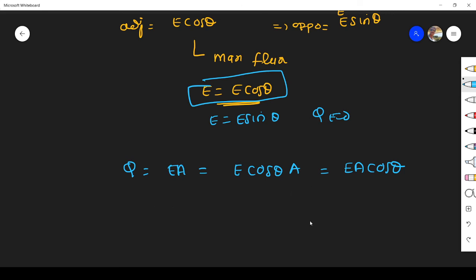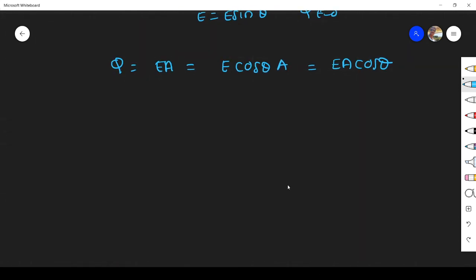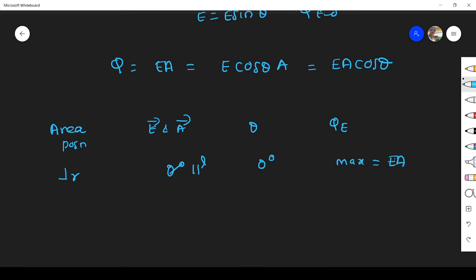So we have three conditions. I make a table. First one, how I am keeping the area, and the relationship between E and A vector, the angle theta. First I kept the area perpendicular. What happens to the angle? It is 0, E and A are parallel. Flux becomes maximum, that is equal to EA.